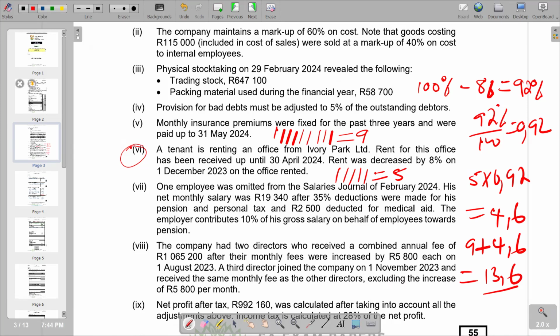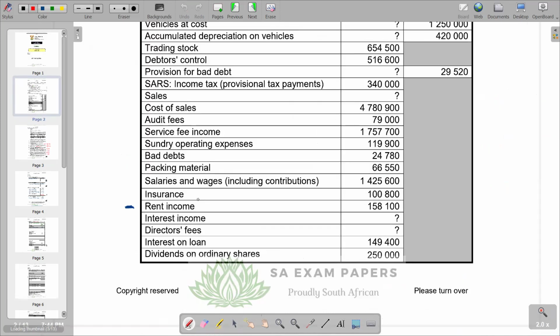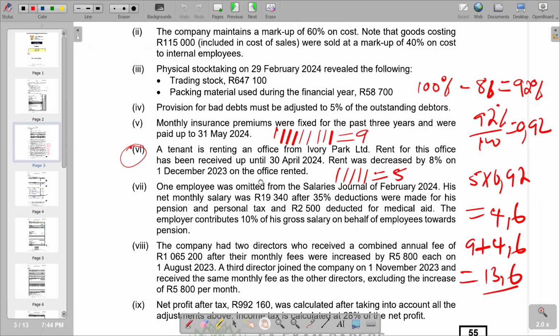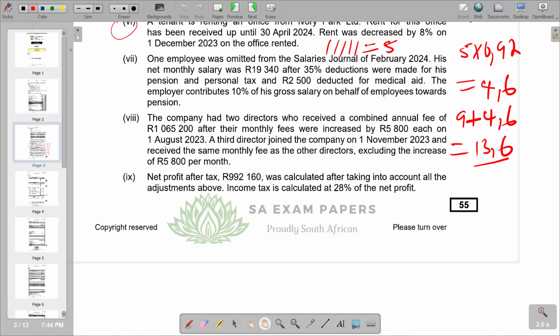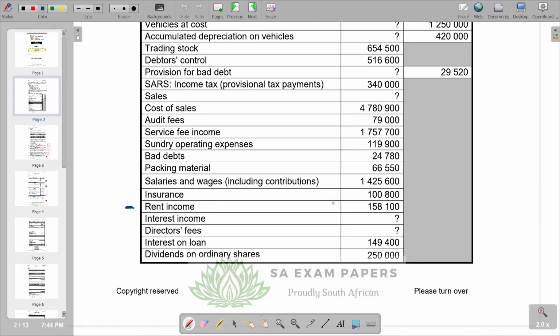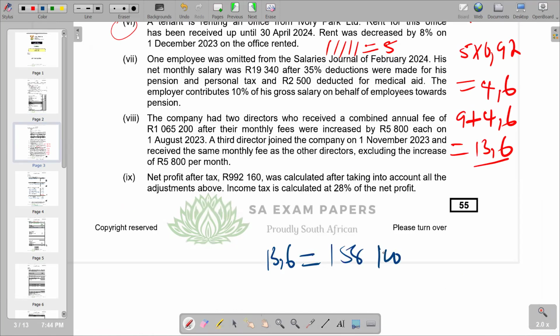So this total 13.6 is representing the total rent income that we have here, which is 158,100. So we are saying 13.6 is equal to 158,100. The one that we are looking for is the two extra months, March and April 2024, which are the months that are outside the current financial period.